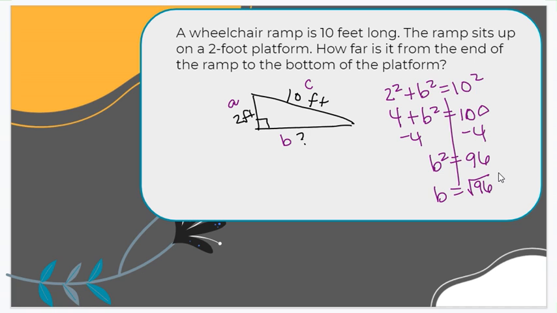Second square root of 96, hit enter, gives me 4 root 6, which as a decimal is approximately 9.79, so that rounds to 9.8, and it's feet. So all that's my answer. For the simplified radical answer, I would enter 4 root 6. If they want a decimal, it's approximately 9.8 feet. All right, great job.